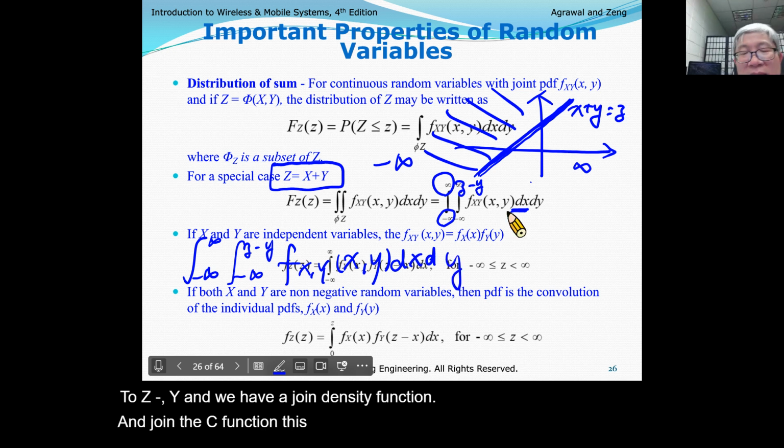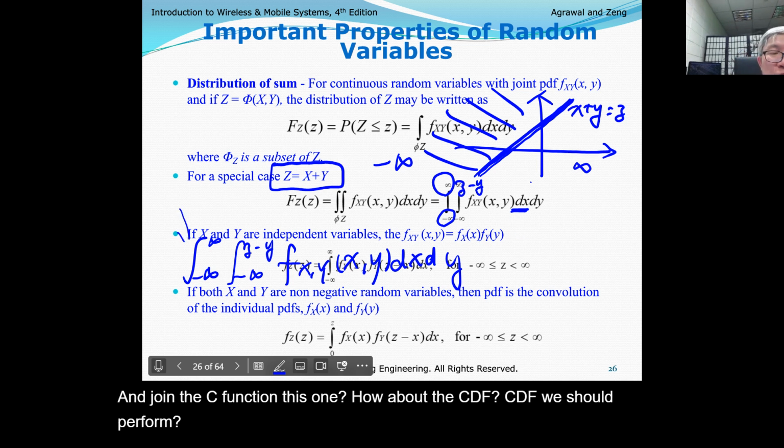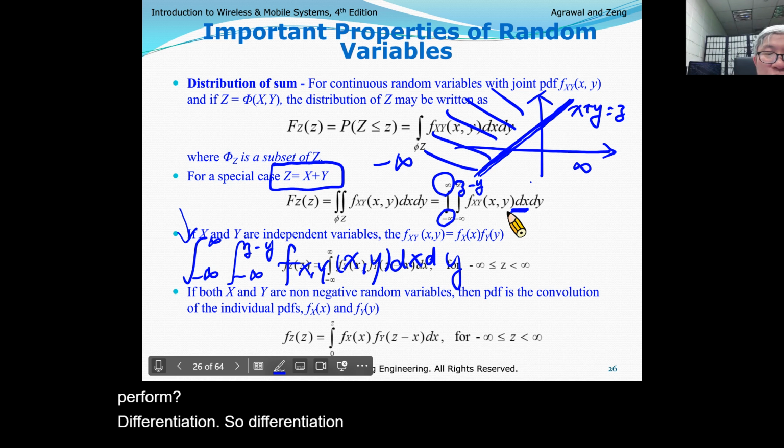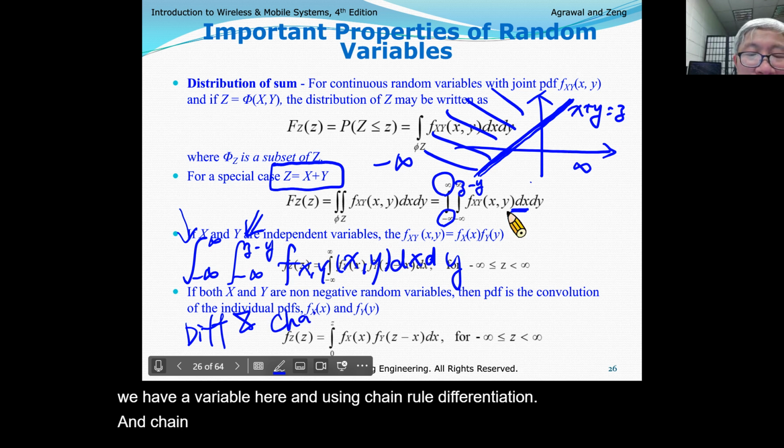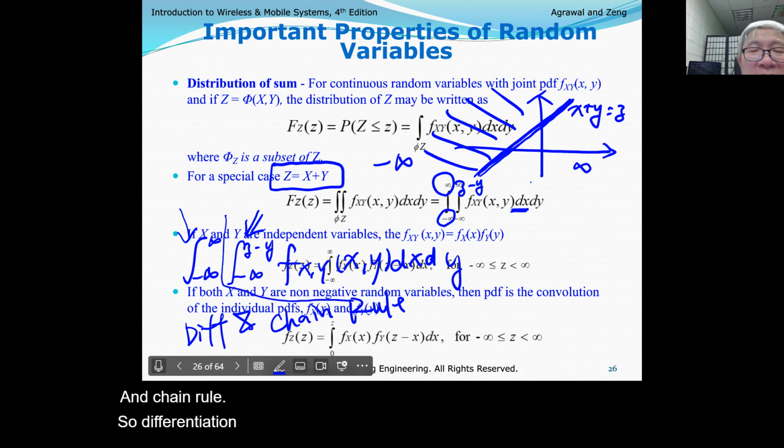How about the CDF? For the CDF, we should perform differentiation. Differentiation regarding the CDF should be this. We have a variable here, and using the chain rule, differentiation with respect to the inner side, z.